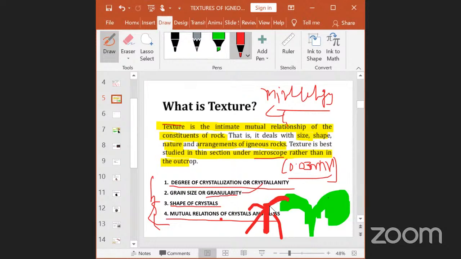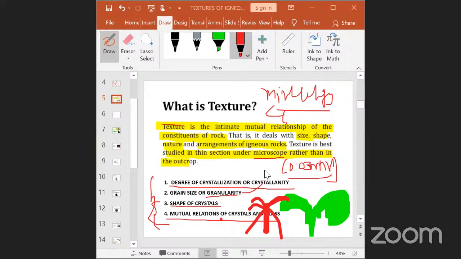On the other hand, if the cooling time is intermediate, then the resulting rock will be composed partly of glassy matter and partly of minerals, right?